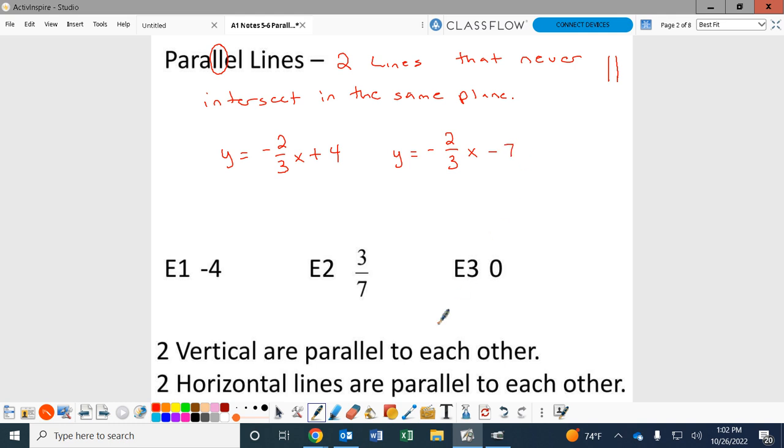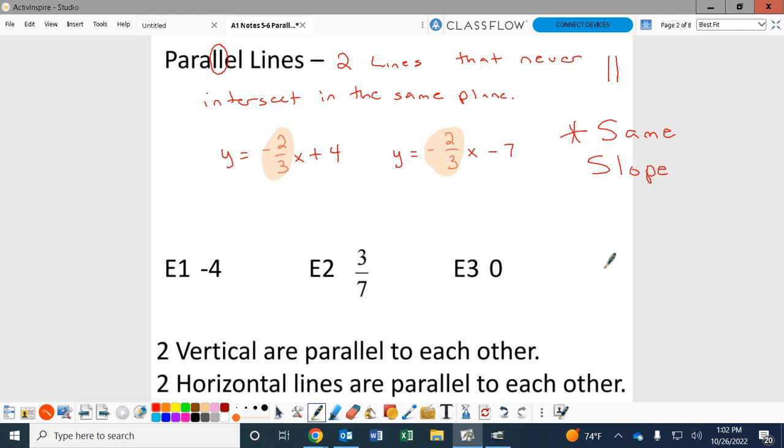Okay, so what makes them parallel? If those two lines are parallel, what makes them parallel? The slope. What about the slope? It's the exact same. In order for lines to be parallel, the key is that they must have the same slope. That's it, guys. They have to have the exact same slope.